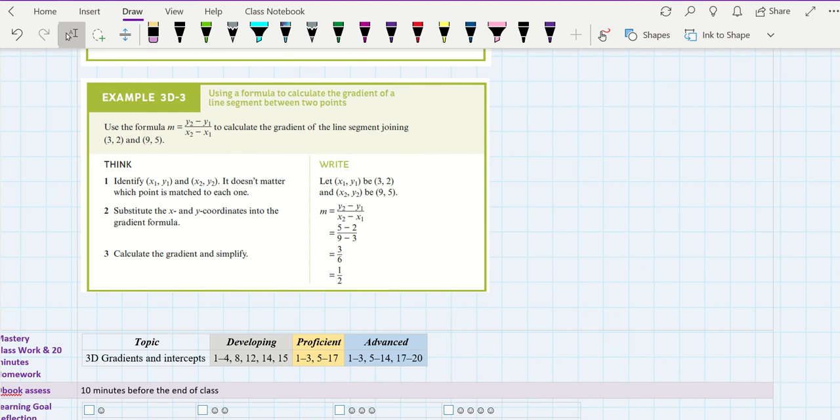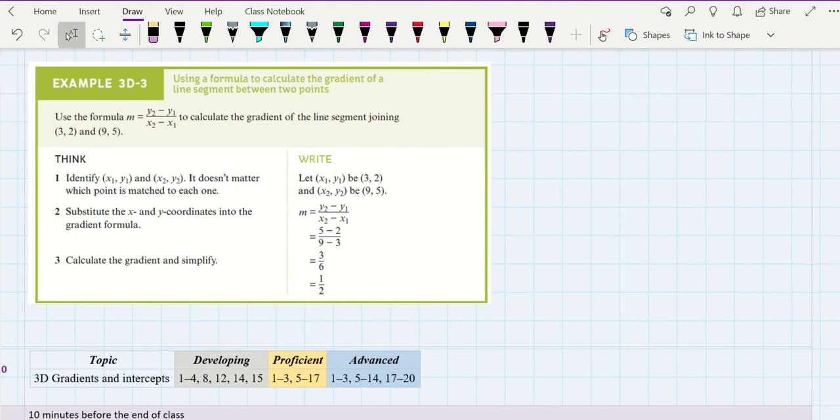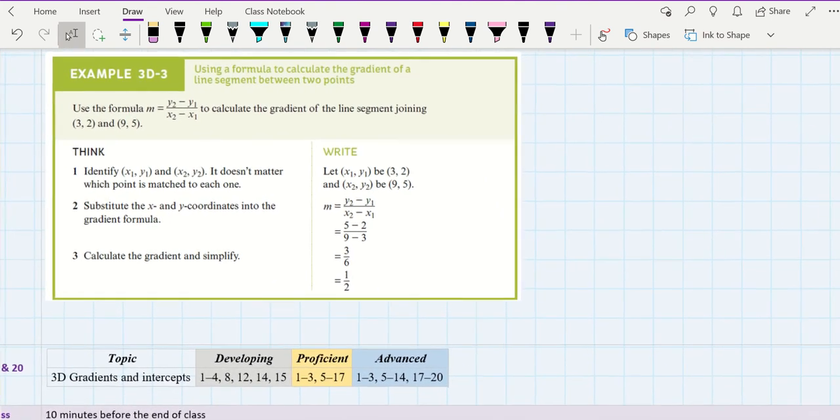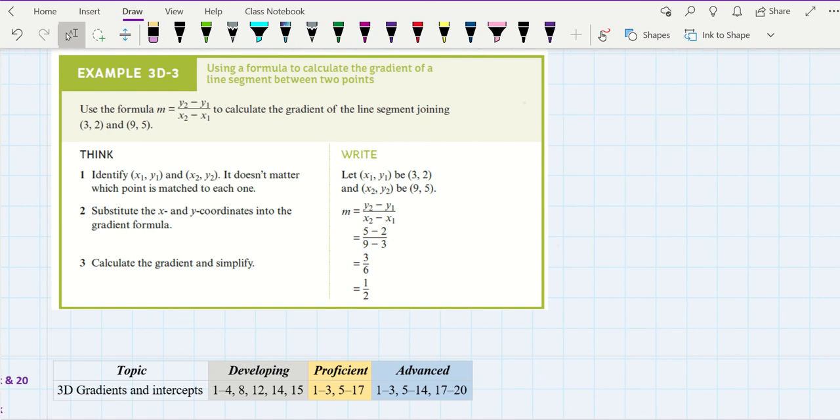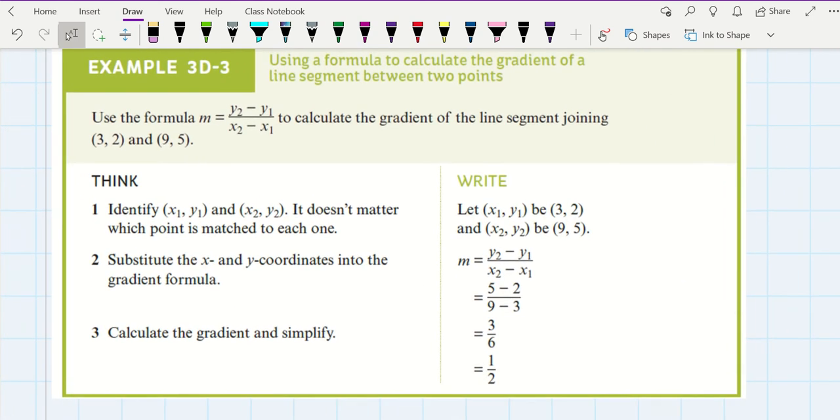Okay, now we can just substitute into this formula and do our gradients, which is what we've done anyway, so we might just do this quickly. We'll use the formula gradient equals y2 take y1 over x2 take x1. Now it's always good when you get your set of coordinates to label them so you can come back to them.